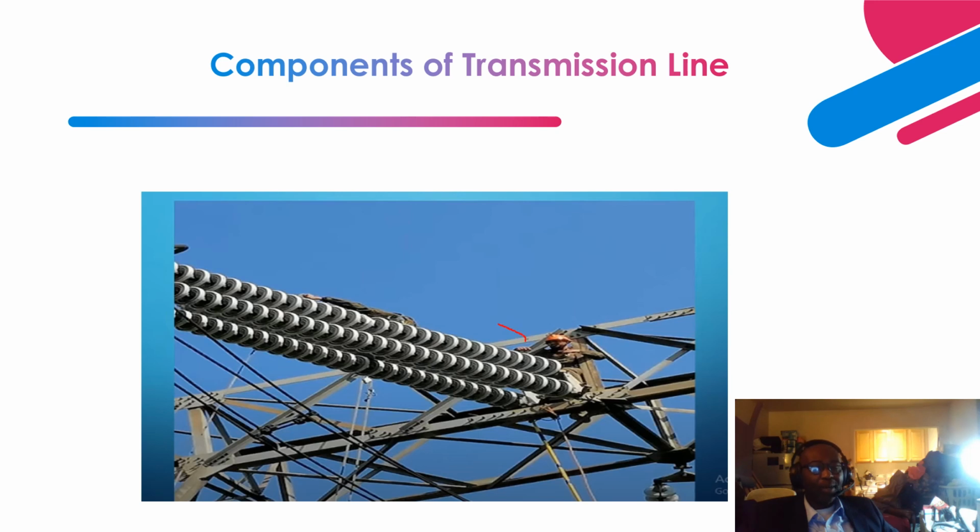Next is a deeper look into how this horizontal support insulator looks. As you can see, this is made of several discs. Each disc can withstand 11 kV.